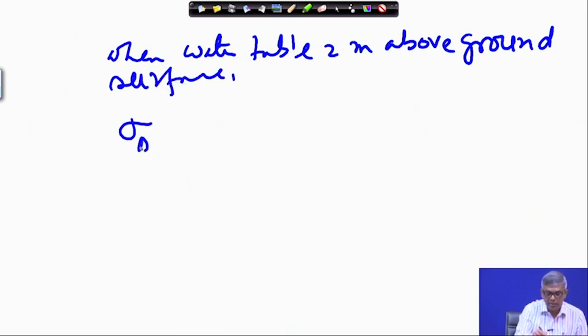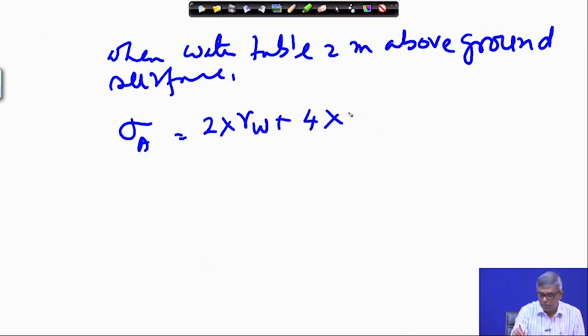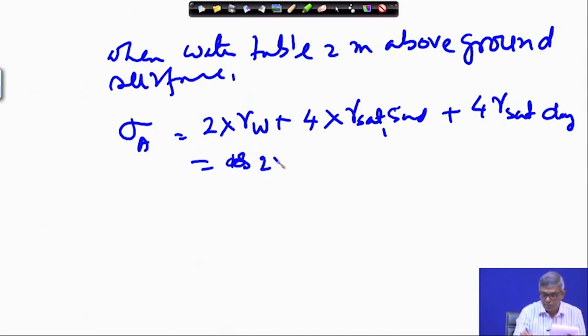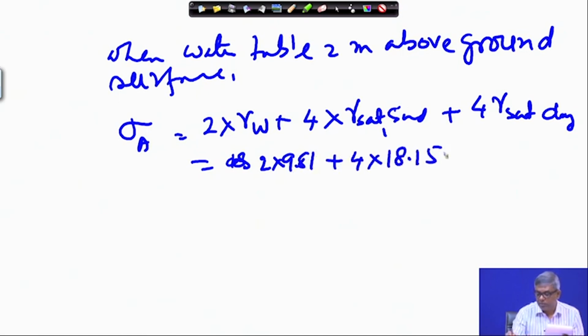So, sigma A, now considering the same point, will be equal to 2 into gamma W plus 4 into gamma saturated sand plus 4 into gamma saturated clay. So, this is 2 into 9.81 plus 4 into 18.15 plus 4 into 19.62.